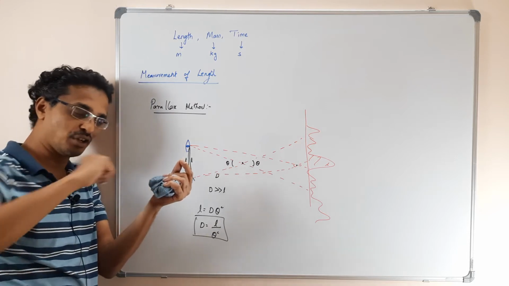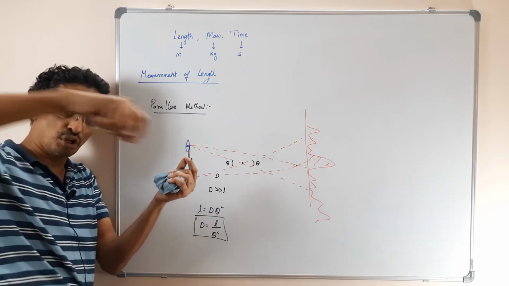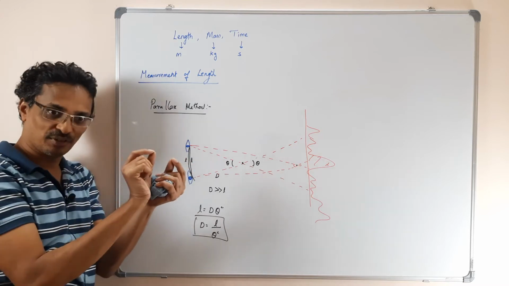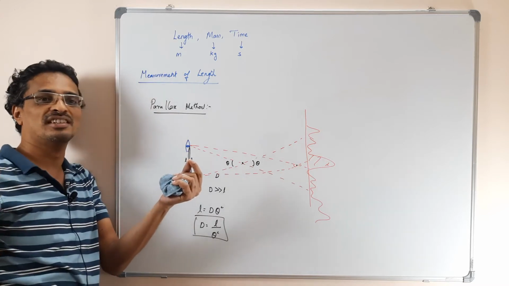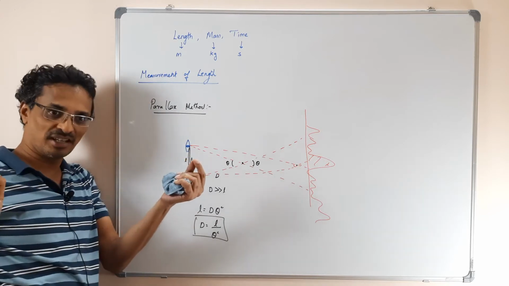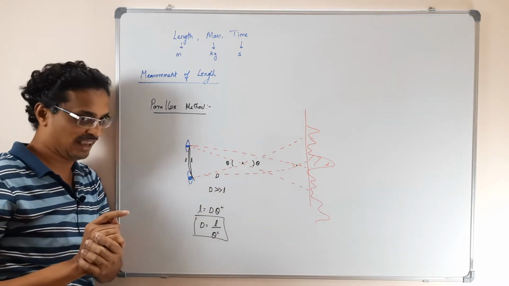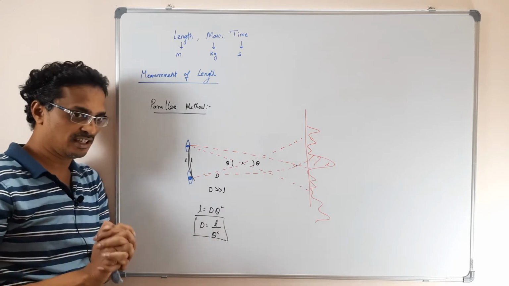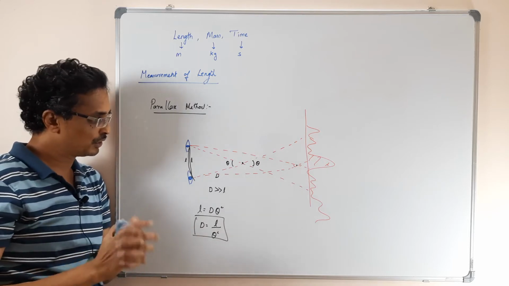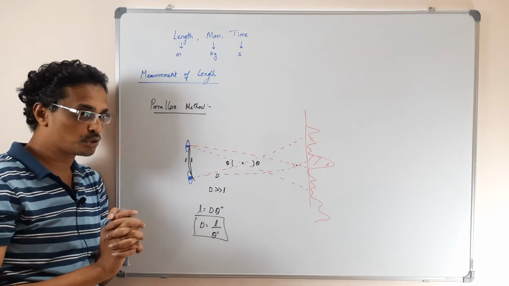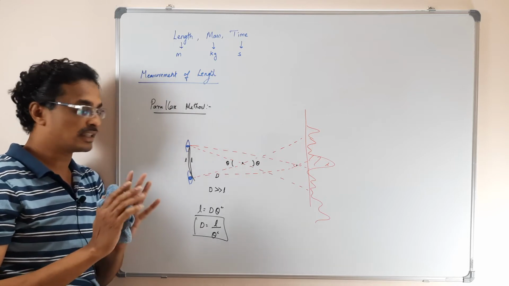The Earth revolves around the Sun, which is a much larger orbit than the size of the Earth. Then I take different positions of the Earth around the Sun's orbit, use the parallax method, and find the distance of the star. So this is the way the parallax method is used to find large distances.